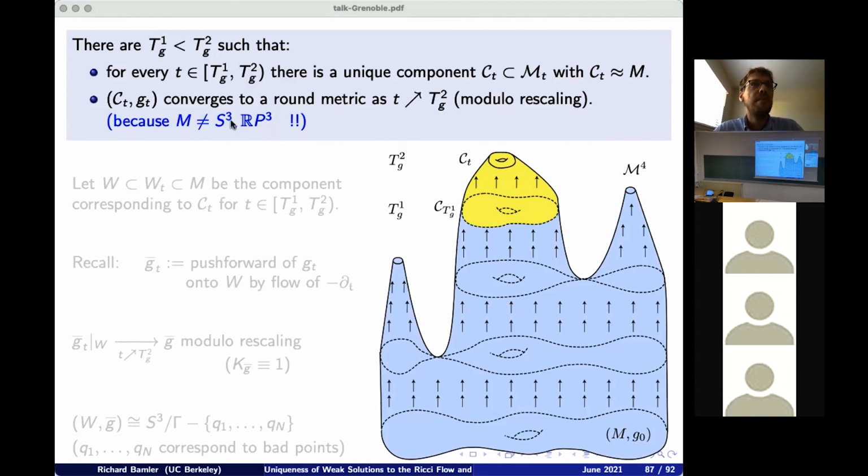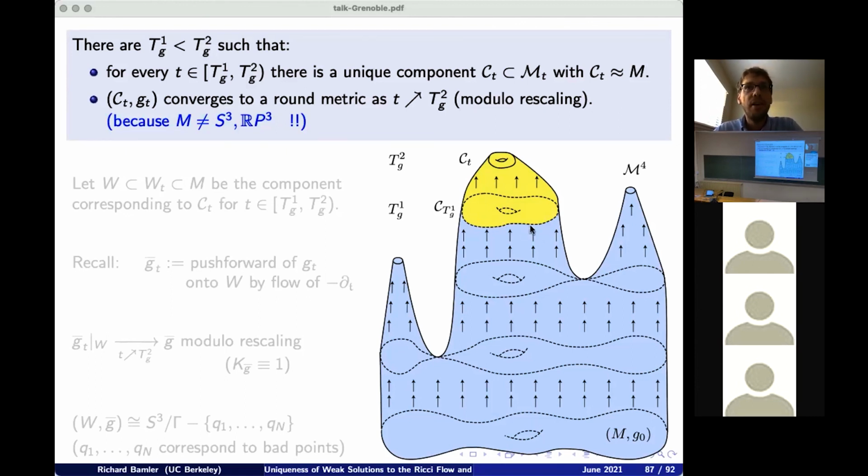So that's where the restriction comes in, that M is not equal to S3 or RP3. So this shows that eventually this region will look very close to a round spherical space form, because there are no other kappa solutions of that topology.